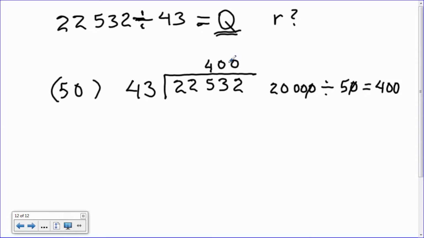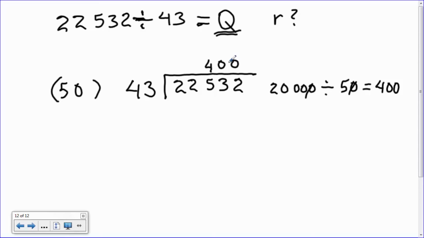Now, 400 is definitely smaller than the actual quotient. Why? Because 400 results from using a larger divisor than the true divisor, 43. We used 50, and we used a smaller dividend, 20,000, instead of the actual dividend of 22,532.